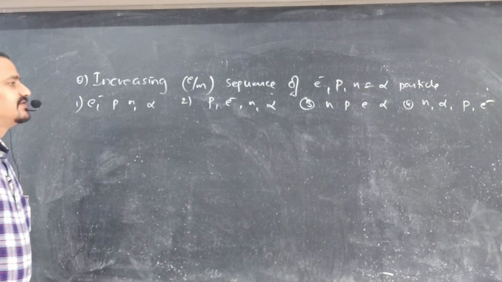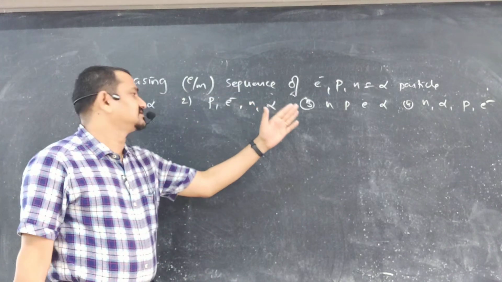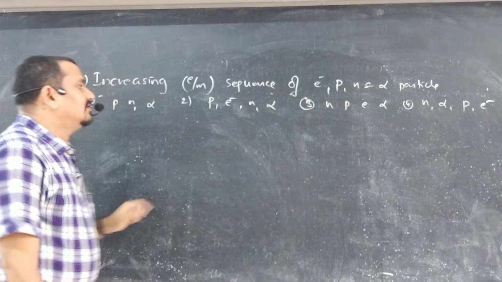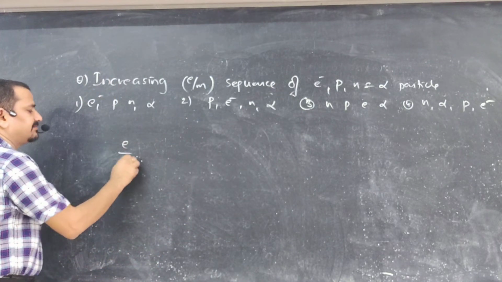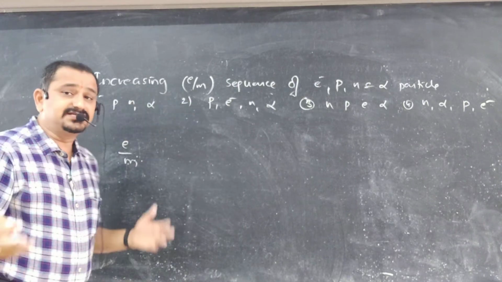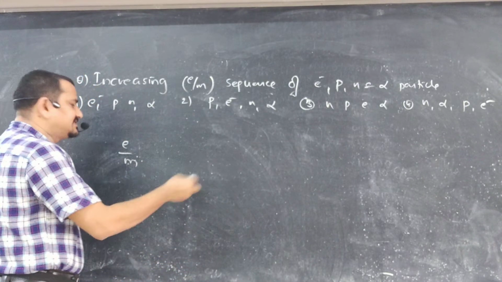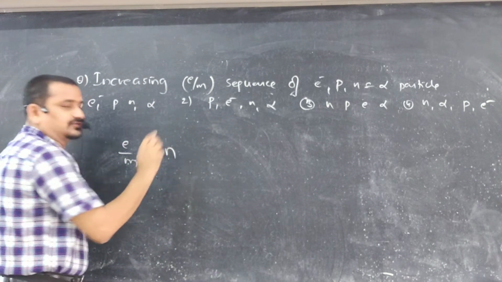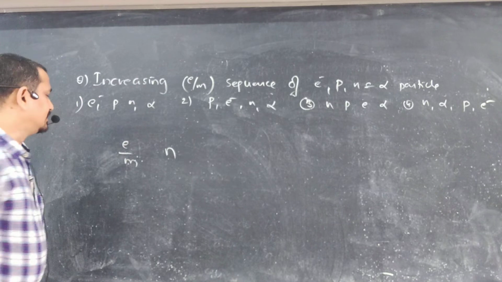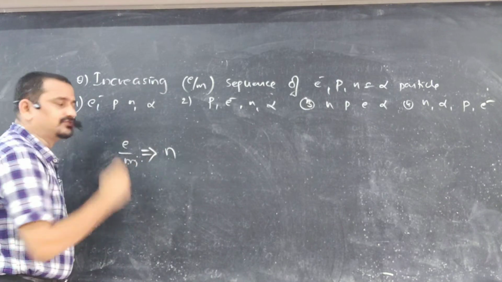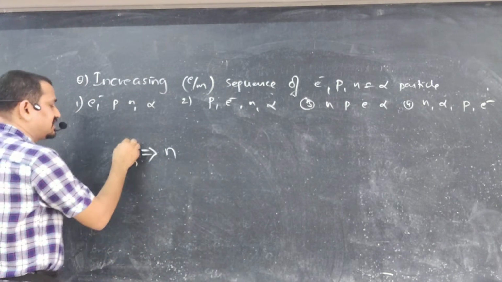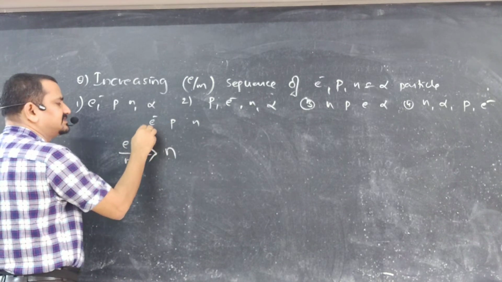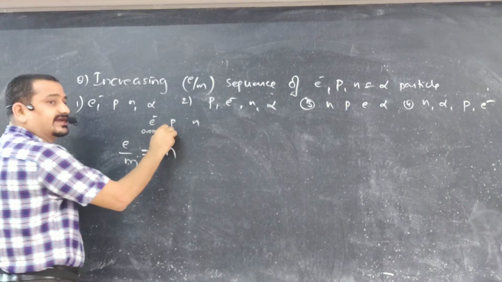Increasing e by m sequence of 4 particles is asked: electron, proton, neutron and an alpha particle. What is specific charge? Charge by mass. For neutron, charge is 0, so 0 by something is 0. So among all, the least specific charge is shown by neutron. Next, charge by mass among electron, proton and alpha particle. Electron mass is 0.000548 amu.